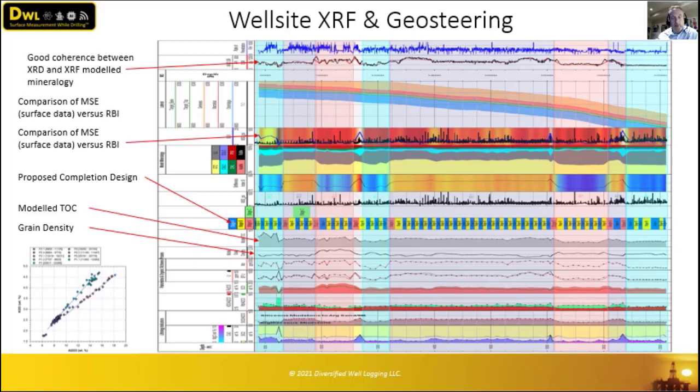However, we can still see that there were changes in mechanical strength across this well. We integrated it with drilling data and MSE, and assisted with optimizing completion design. We also have modeled TOC, and I'll talk to you about that in just a moment, and a modeled grain density.